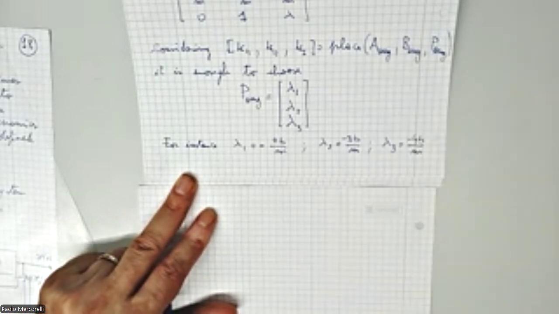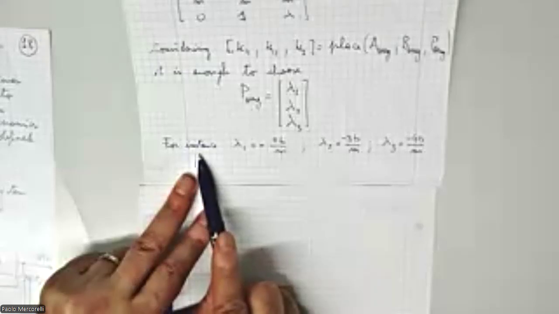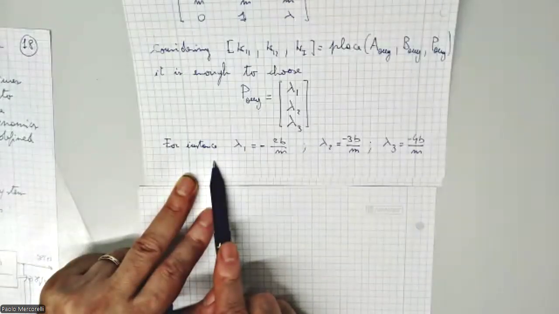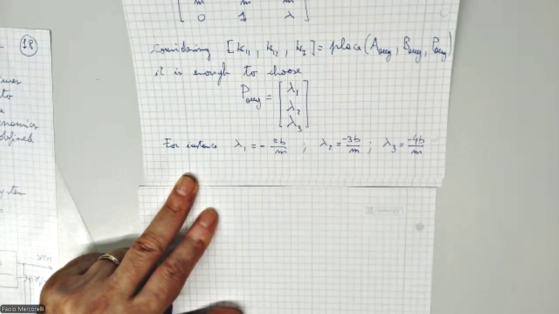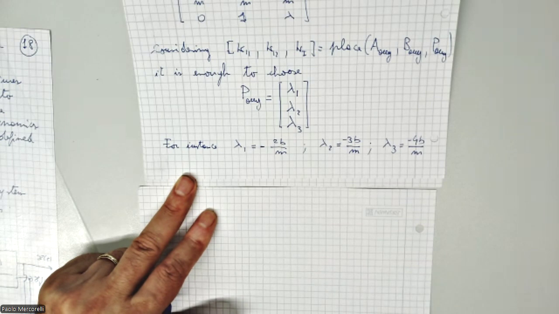We don't do that in the exam. For instance, in the exam, I will tell you, please consider the new dynamics. The new dynamics is the control dynamics, at least 2 times faster than the physical system.